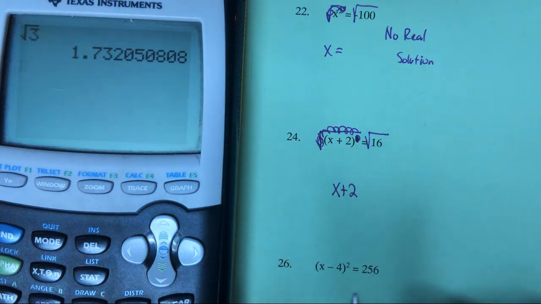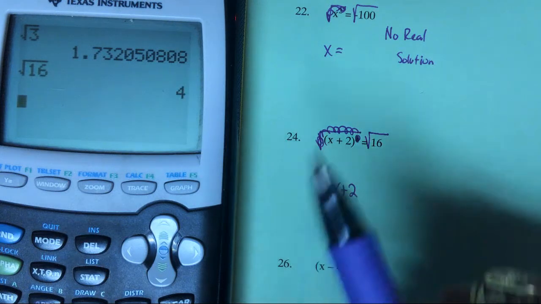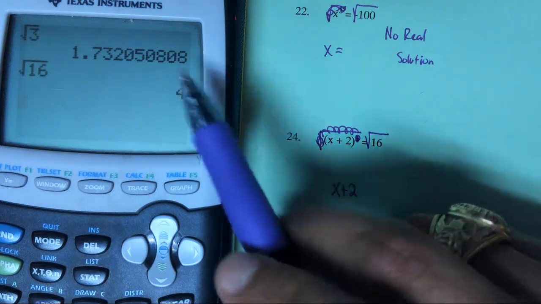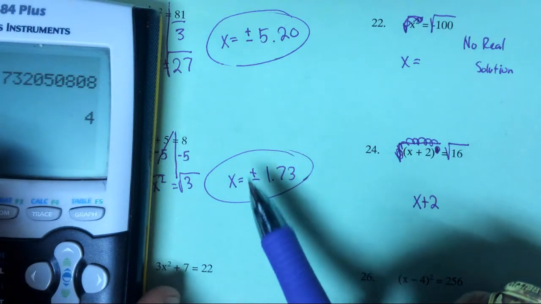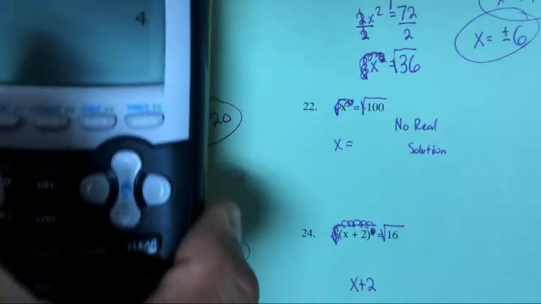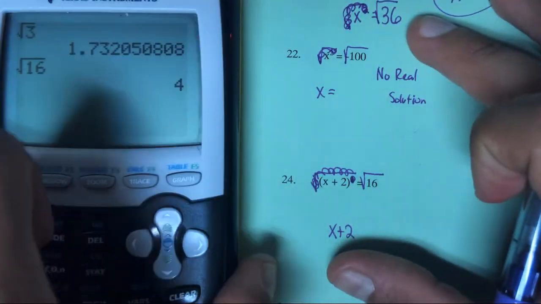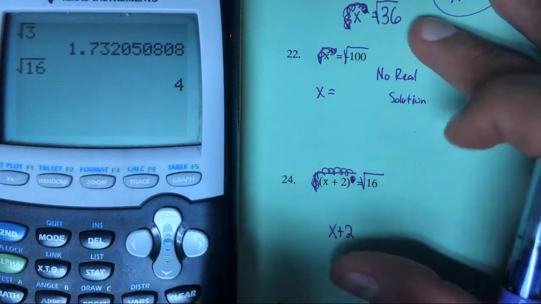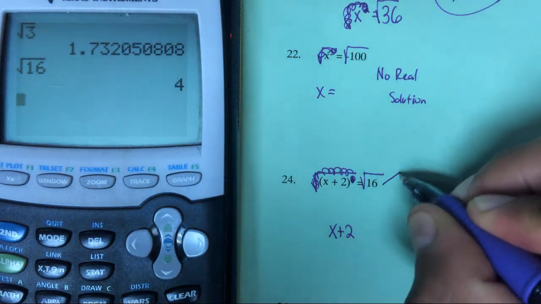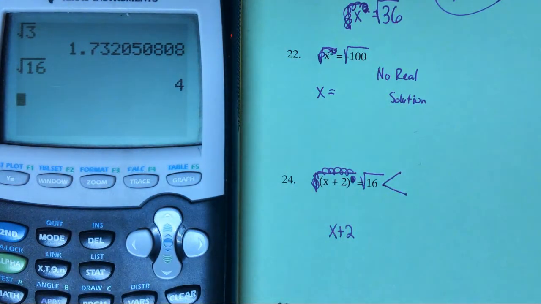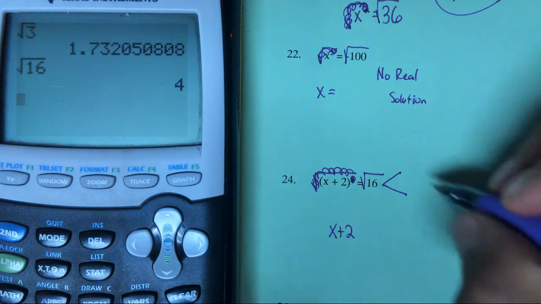So whenever I type this into my calculator, square root of 16, I get 4. Now, just like every other one of these where I have positive, negative, whenever I take the square root of a number, I should get the plus and the minus of that number. So it's not just 4, it's also negative 4. So the way I always think about this is this thing breaks and it splits into two different things.